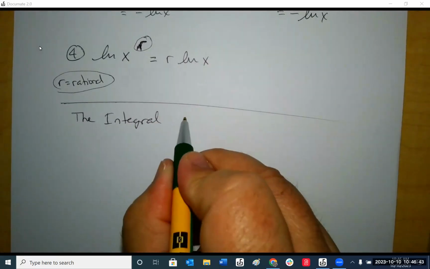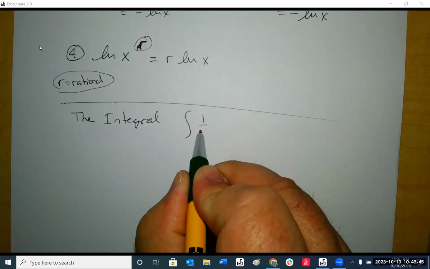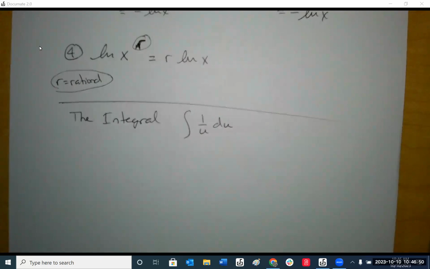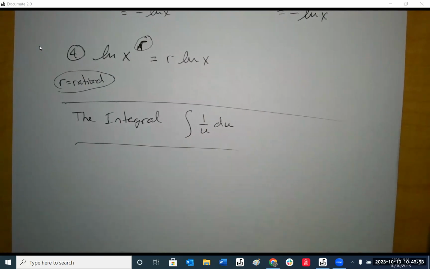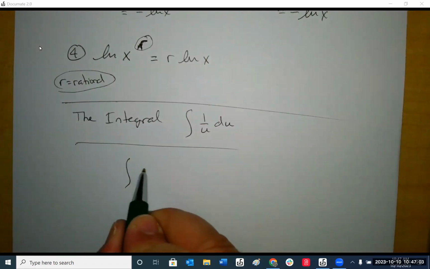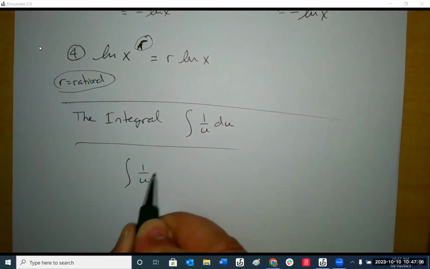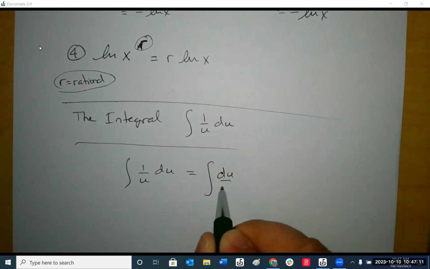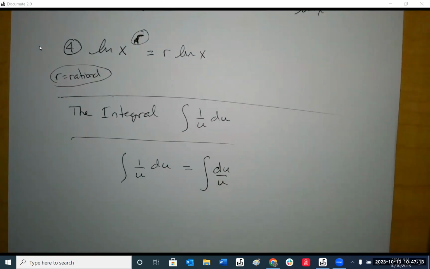Now the integral of 1 over u du. If you take the integral of 1 over u du, from what we've been doing, what does that come from?